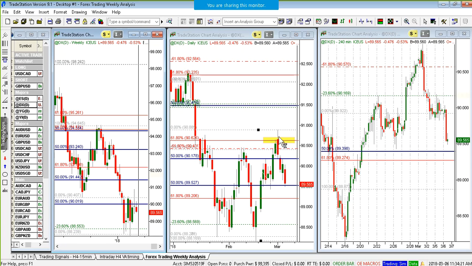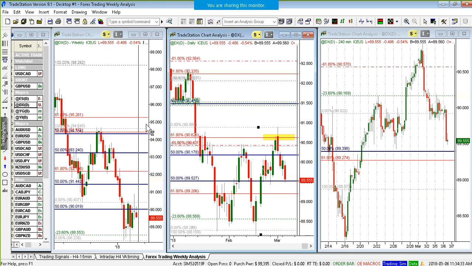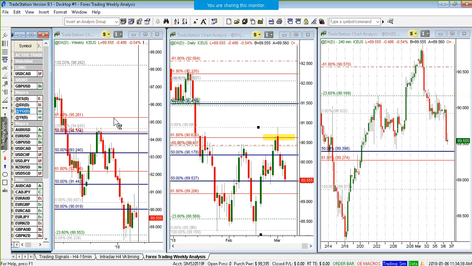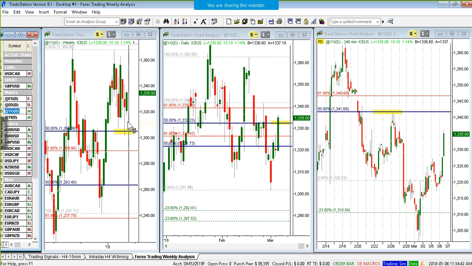Okay, so this market has been at higher highs, lower lows here, so it's in a consolidation that could actually continue on the downside as well. So we don't know that, and we're going to look at the other markets as well, and the euro and the majors to try to establish that.